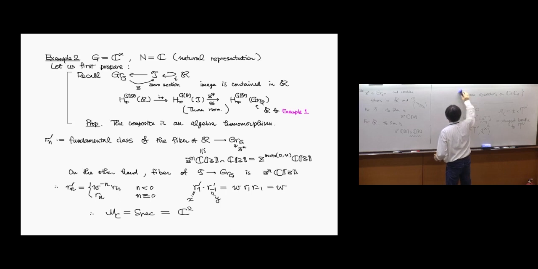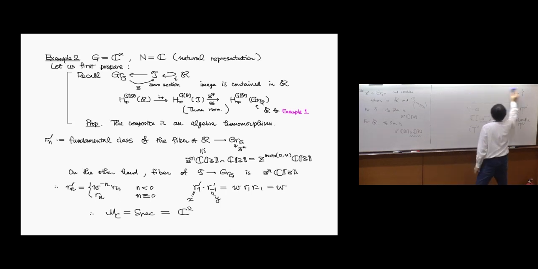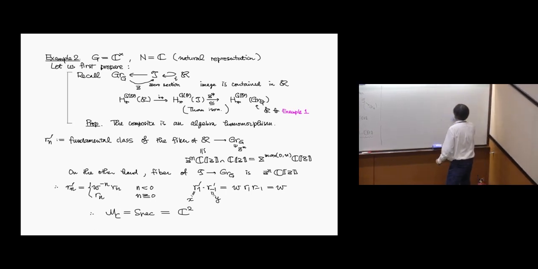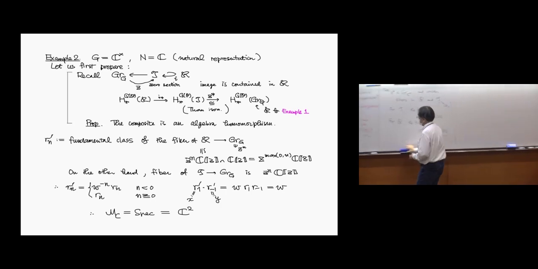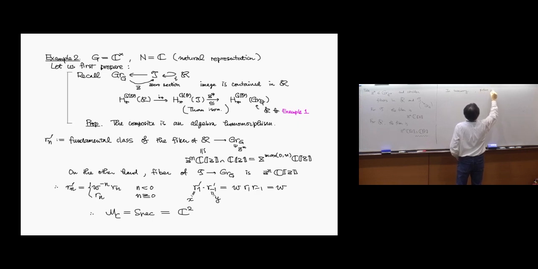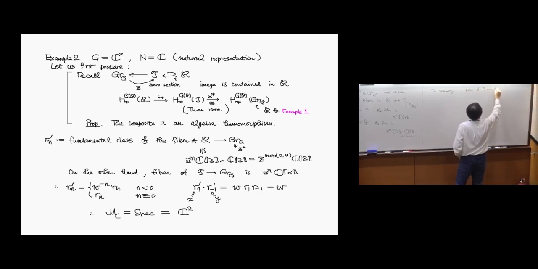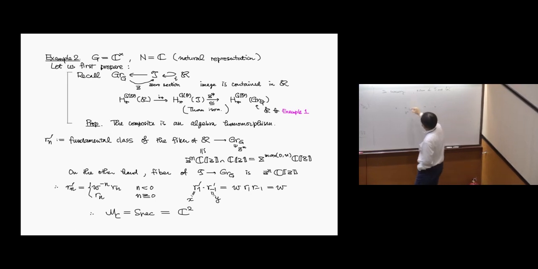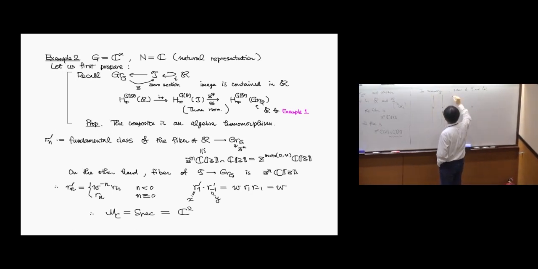So this is the description of the space. So in summary, what we got. So this is a picture of T and R. We have a bunch of points parameterized by integers. And here you have some vector space, an infinite dimensional vector space.